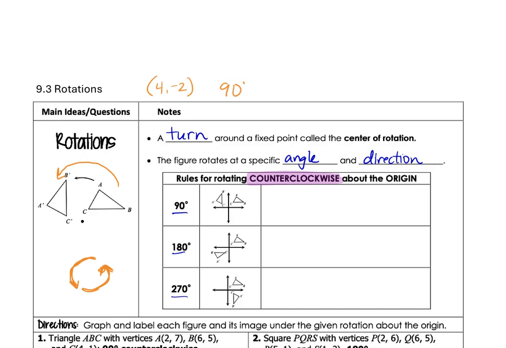When we rotated 90 degrees, what was your new point? 2, 4. How could we get from 4, -2 to 2, 4 if we're thinking about this as our x value and this as our y value? What happened to your x value?